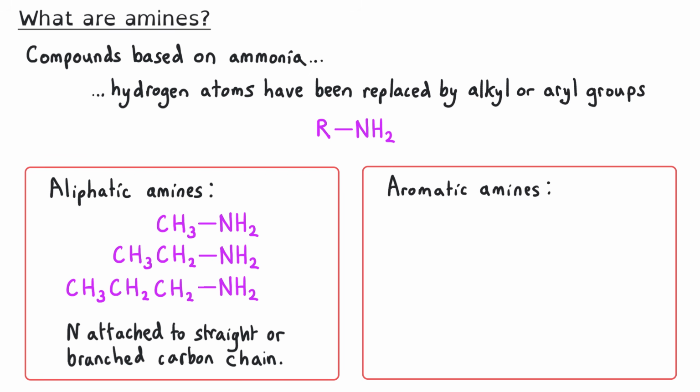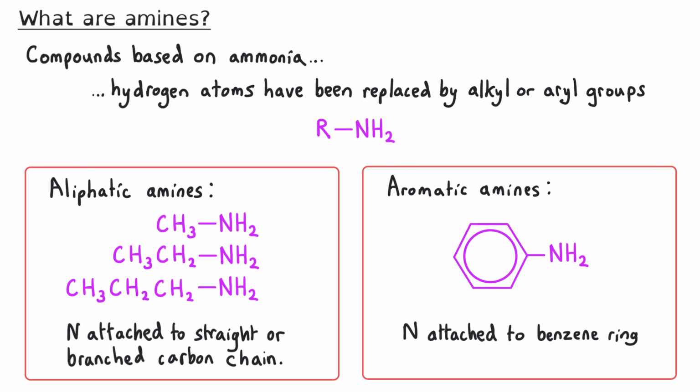But if the nitrogen is attached directly to a benzene ring, it's an aromatic amine. And that's what we have in this diagram here. This is the representation of the benzene ring, and here is our NH2 group. And so basically an aliphatic amine comes from an alkane, whereas an aromatic amine comes from arenes, such as benzene.